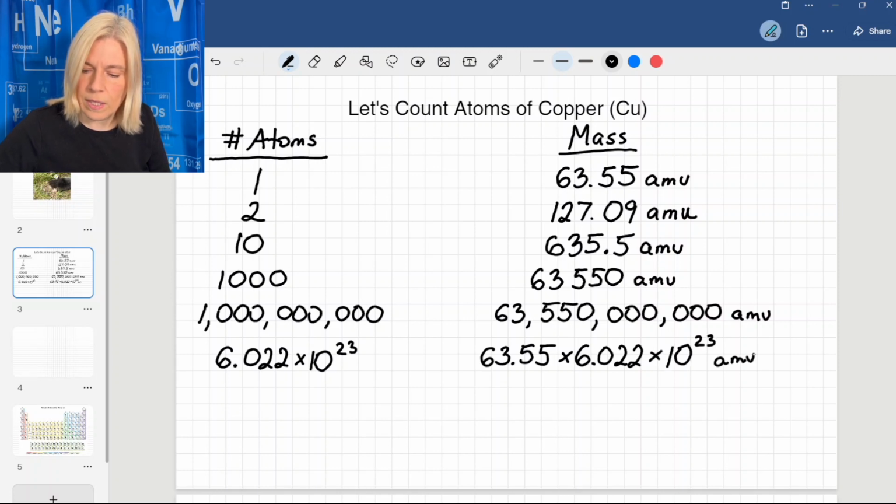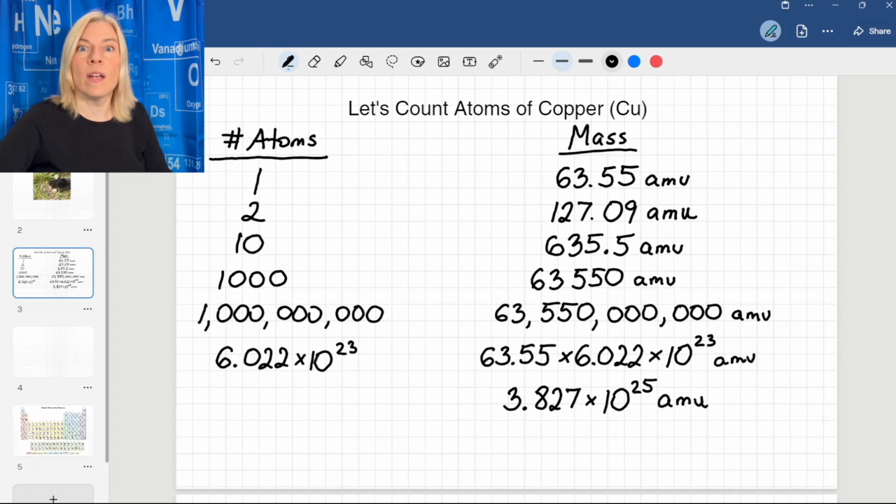So if we put this number in a calculator and we actually calculate this, this will become 3.827 times 10 to the 25th AMU.